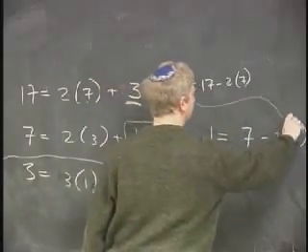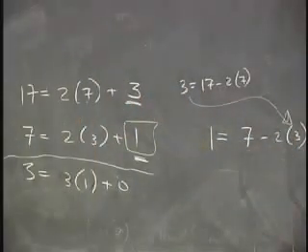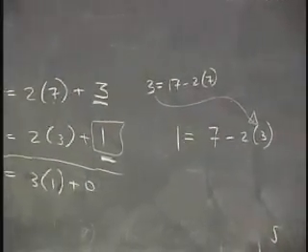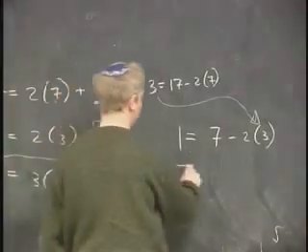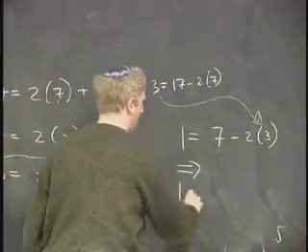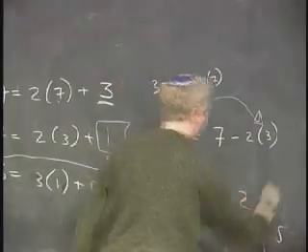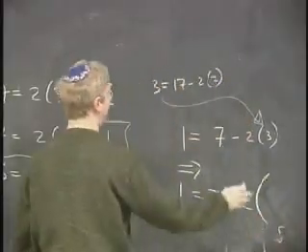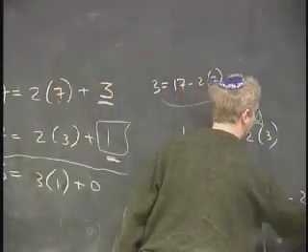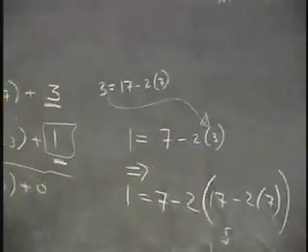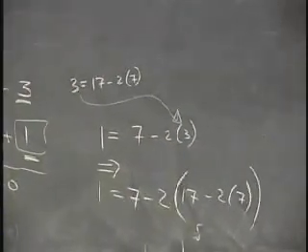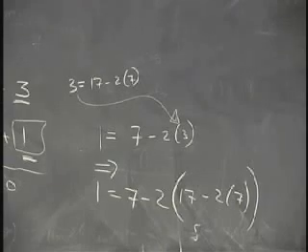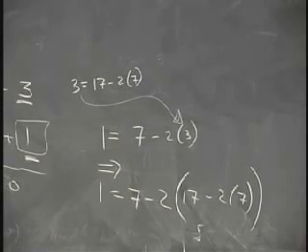And I'm going to replace it here where the 3 is that I don't want. And here's what I get next. 1 equals 7 minus 2 times 17 minus 2 times 7. So look what I have now. I've got a longer linear combination of just 7s and 17s.